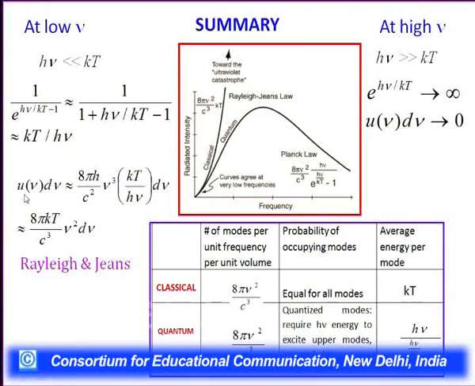Then we have u nu d nu is equal to 8 pi h by c square nu cube times kT by h nu d nu. And finally we get the equation which was explained by Rayleigh-Jeans. The value of it is 8 pi kT by c cube nu square d nu.